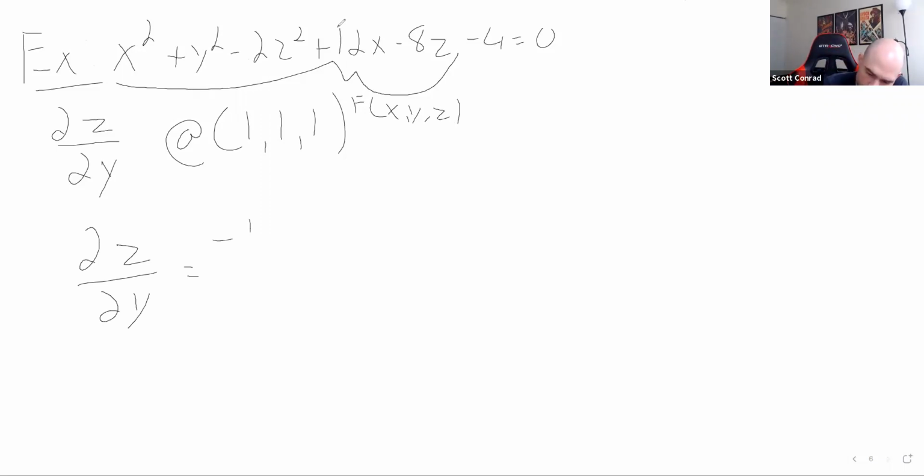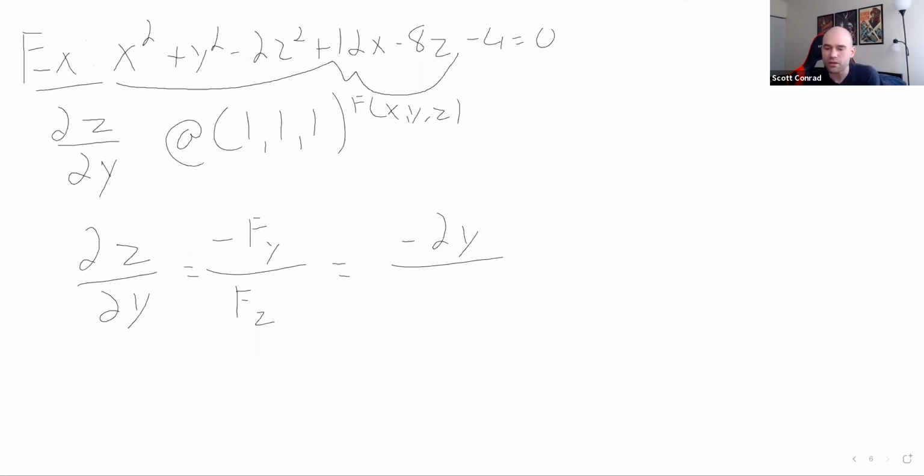So we have negative f sub y over f sub z. And what is negative f sub y? It's going to be negative 2y.